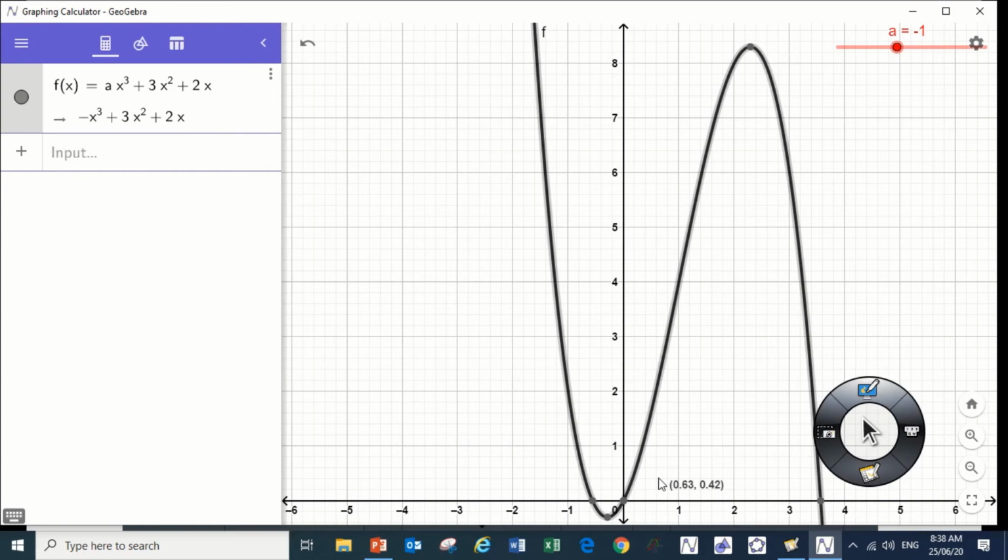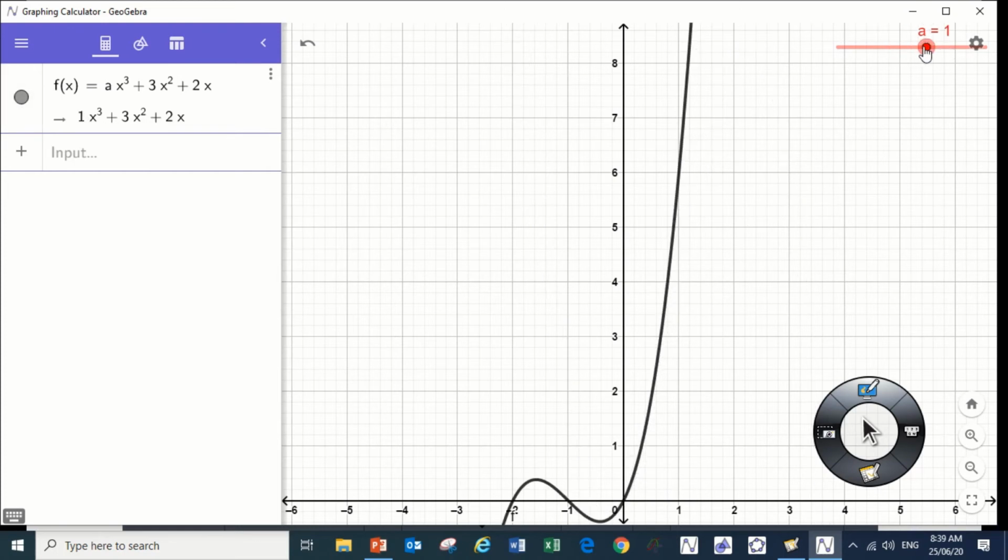So the shape changes from having a maximum turning point towards a minimum. Now we've got a minimum, then a maximum. So that's very important, knowing the effect of the value of a. I'm going to take it back to a equal to 1.